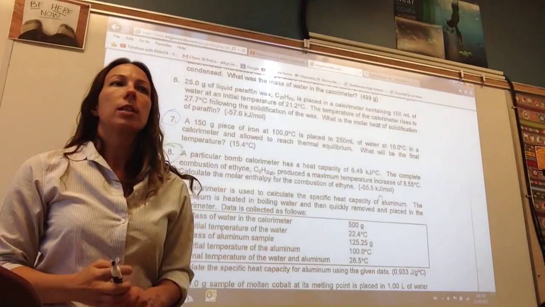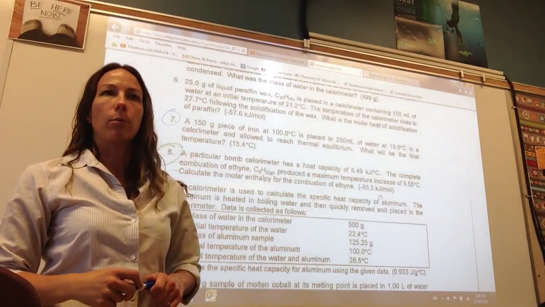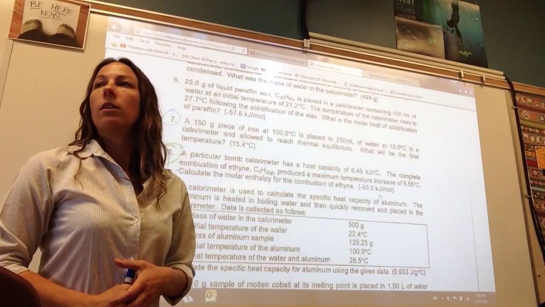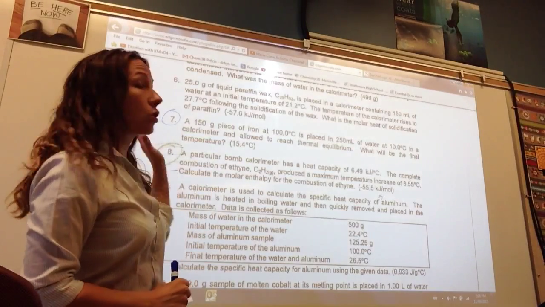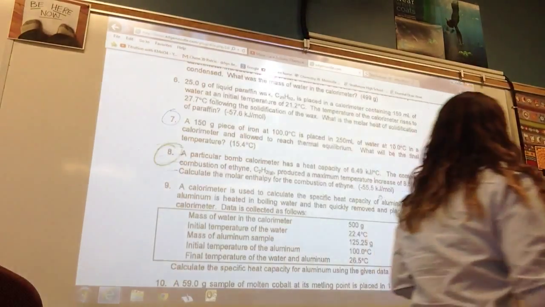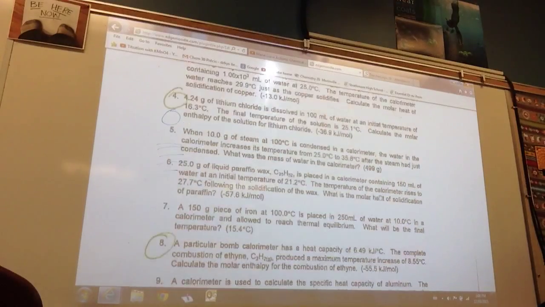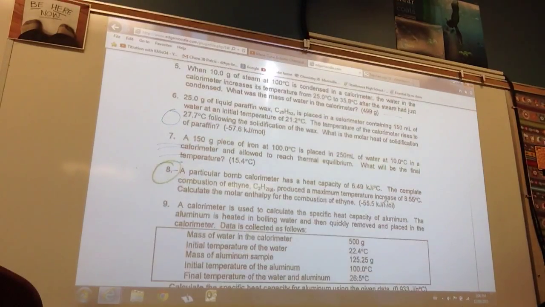Instead of 8, because 8 involves that third example, we'll just wait on that. What have I got circled up top? 1, 2, 4, 7. So 1, 2, 4, and 7, please.